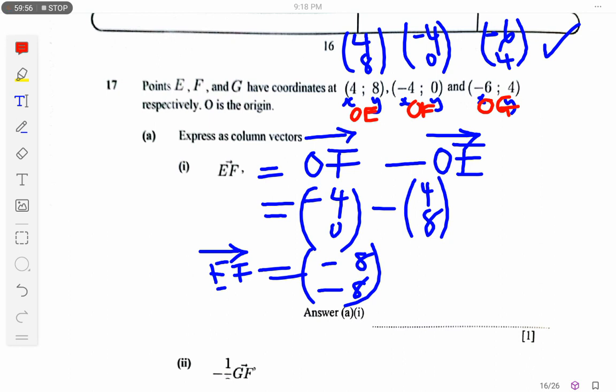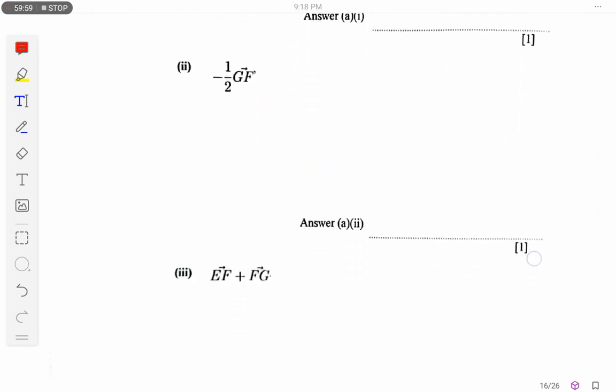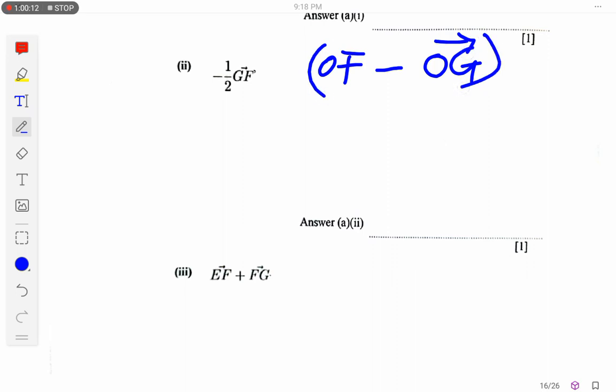Let's move on. The next one is minus half GF. So what it means, we are coming from F minus OG, and we have a minus half outside.